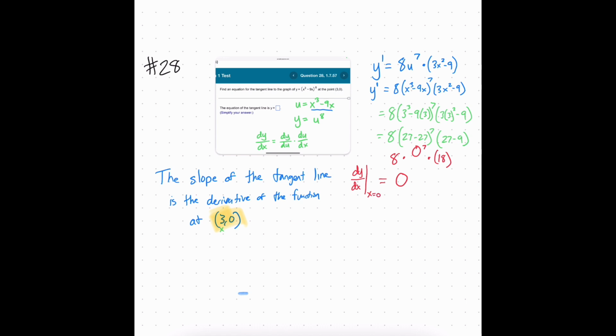So let's go ahead and start writing my equation. If you remember, I can use point-slope form to write this.